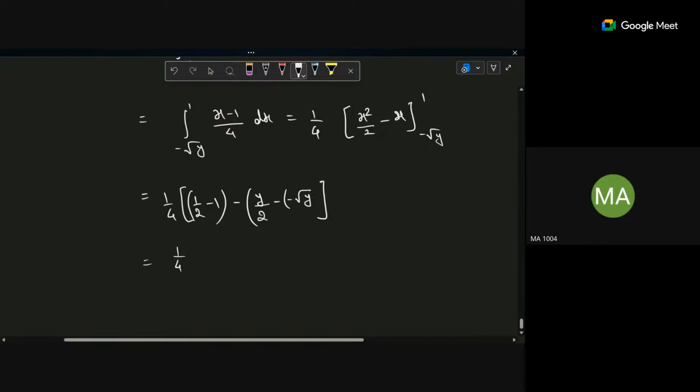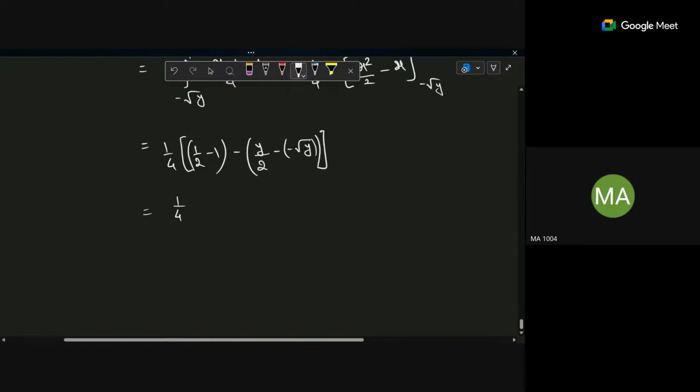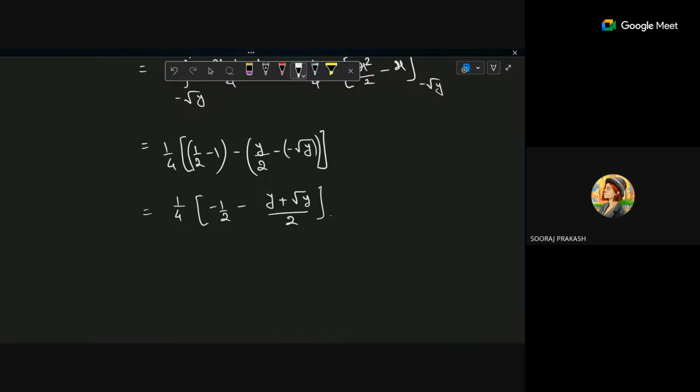Then we get minus 1 by 2, and this will be plus only, so y plus square root y by 2, right? So that's our FY(y), but the PDF is 2 root y, right? Y plus 2 root y, yes, 2 square root y.